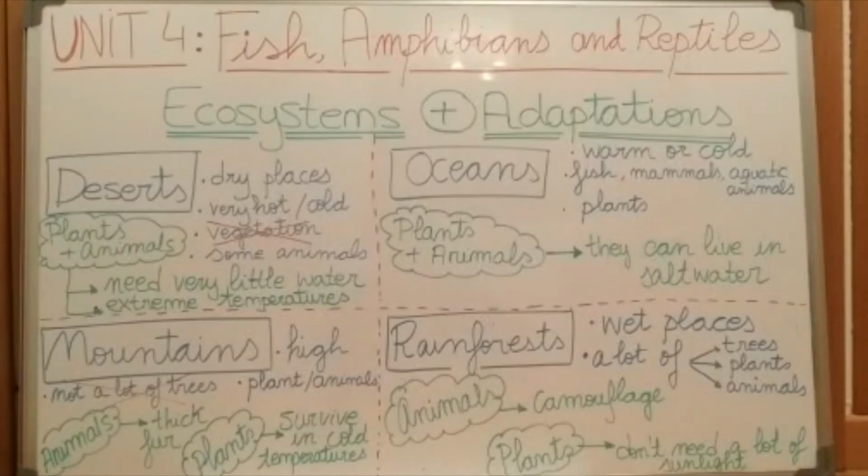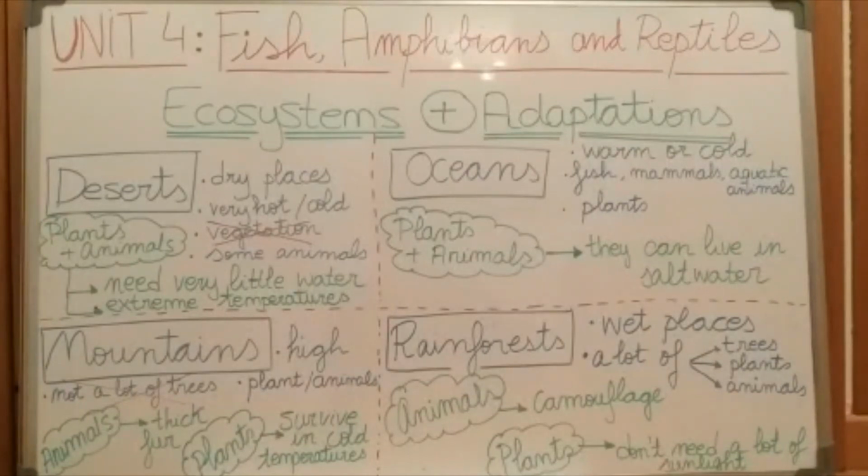Let's move to the second type of ecosystem, the oceans. The oceans can be warm or also they can be cold. In the oceans, we can find aquatic plants, fishes, mammals, like for example a whale, or also aquatic animals. Plants and animals in the oceans can live in salt water.